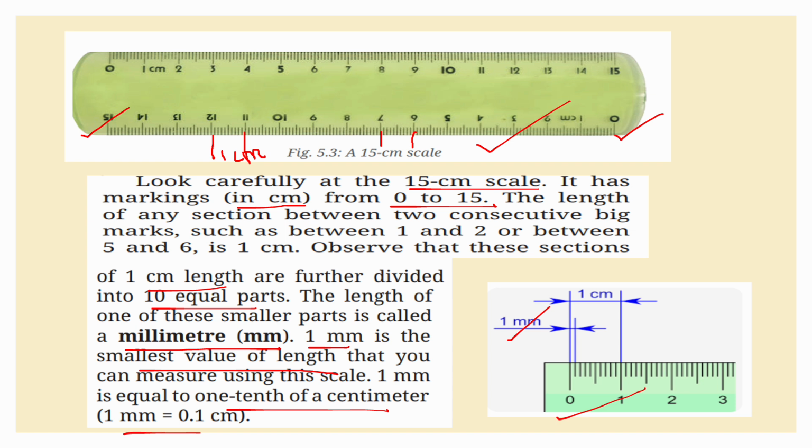So, 1 centimeter is equal to 10 millimeters. 1 millimeter is equal to 1 by 10th of a centimeter, that is 1 divided by 10, that is 0.1 centimeter. So, 1 meter is equal to 100 centimeters. 1 centimeter is equal to 10 millimeters.